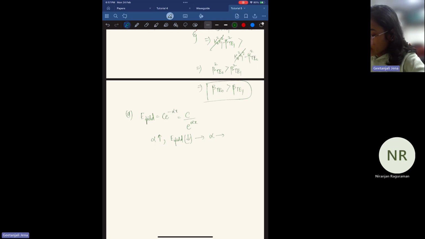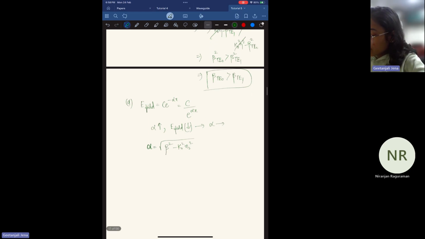So now let us see how alpha depends on beta, because mode number is related to beta. If we can somehow relate beta with alpha, then we can find out the answer. So alpha is nothing but the square root of beta square minus k0 square n2 square. So it directly depends on beta.